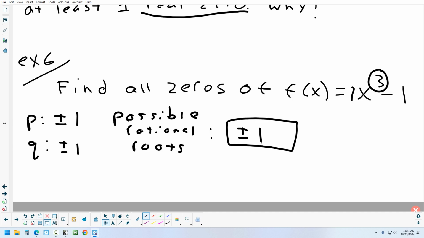That's a very small list of options. In fact, that list is so small, and this formula is so short and simple, I can plug these numbers in one at a time faster than graphing it and looking at the calculator. Let's just try 1. If you plug in 1, what's 1 to the 3rd power? 1.